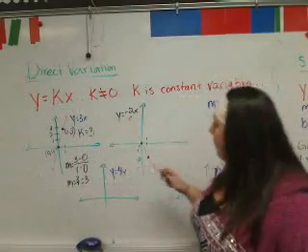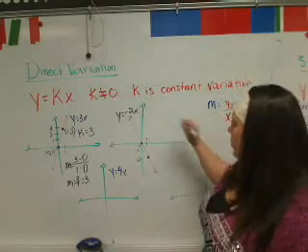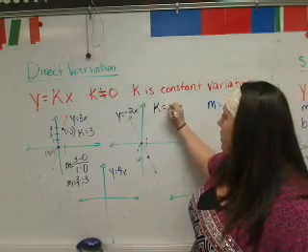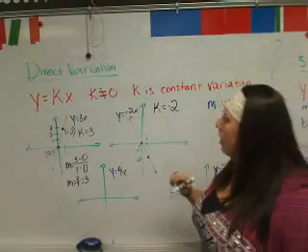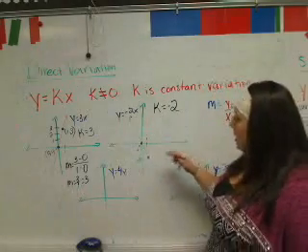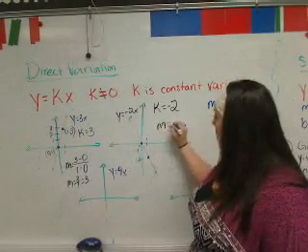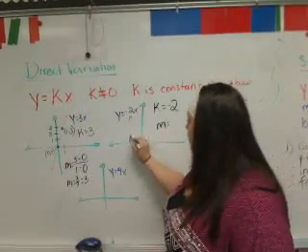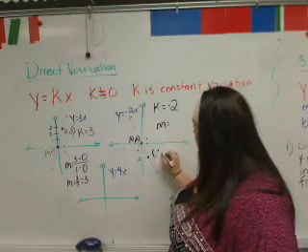All right, next one. y equals negative 2x. We know immediately that our constant variation is negative 2 because it is right there in front of our x. And we need to find the slope. So our two points are 0, 0 and 1, negative 2.